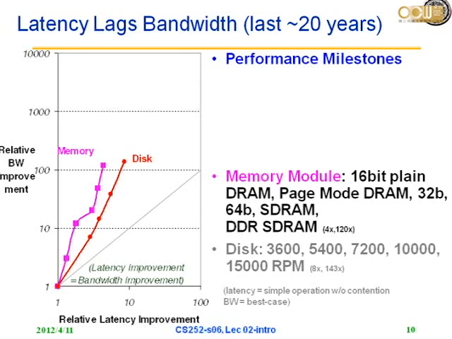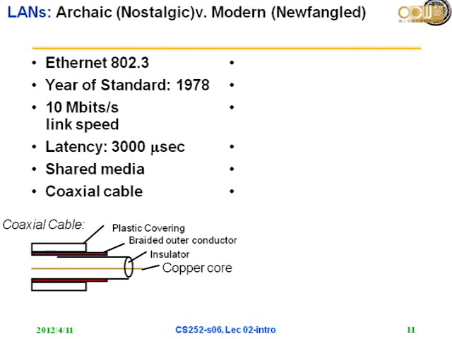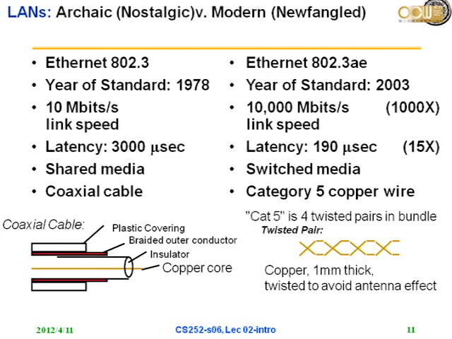Next is the network. This is the archaic network, Ethernet 802.3. Latency, where's the bandwidth? And this is the modern one. 15 times latency improvement and 1,000 times bandwidth improvement.